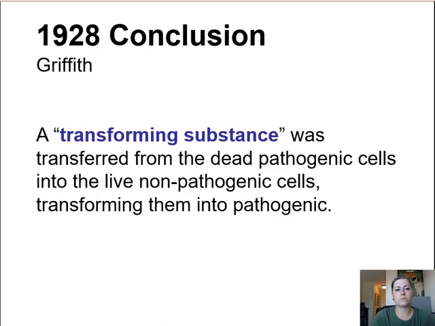Well, he concluded that there must have been some type of a substance, which he named the transforming substance, that allowed the transfer of something from these dead pathogenic cells into the living non-pathogenic cells, which made them pathogenic and kill the mice. So, of course, now we know that this was actually DNA that was injected into these mice.